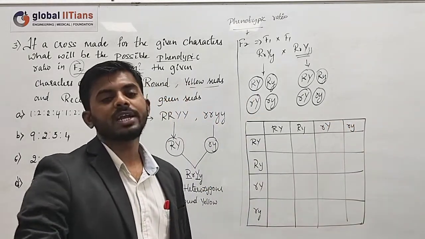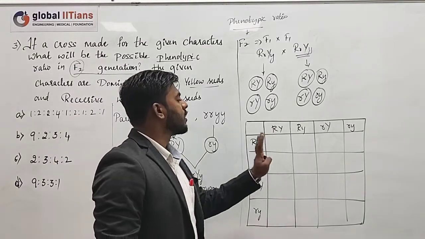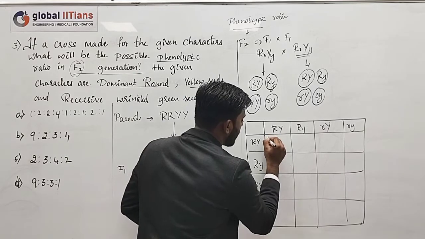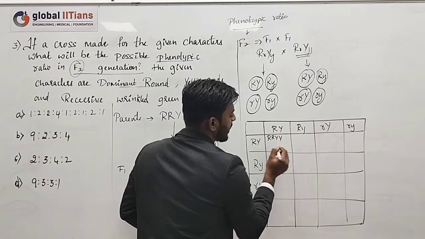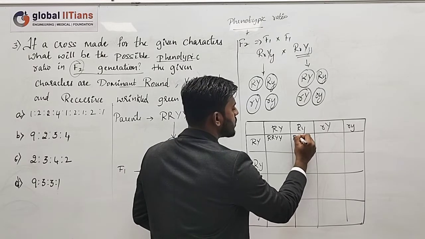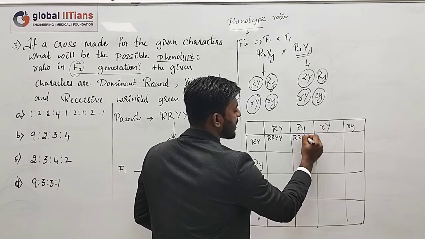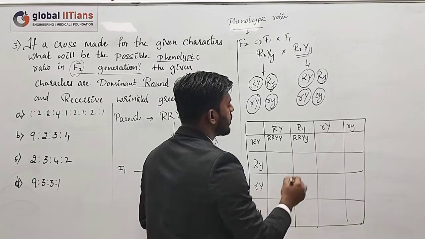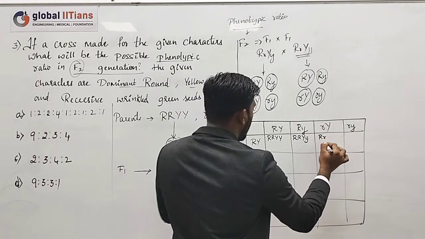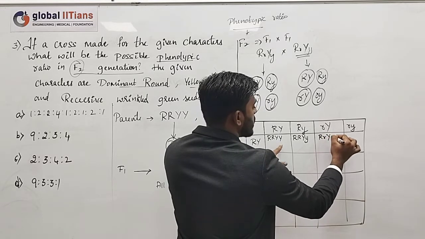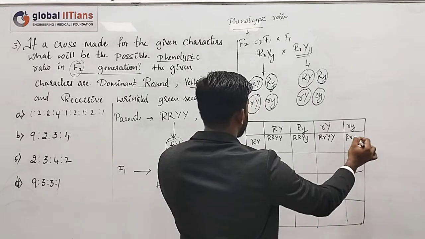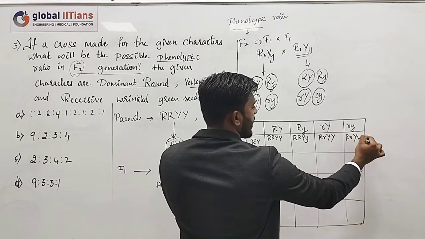Then what do we have to do right now? We just have to keep writing whatever is present here. So capital R, capital R, capital Y, capital Y is the result here. Then capital R, capital R, capital Y, small y. Next, capital R, small r, capital Y, capital Y. Capital R, small r, capital Y, small y.